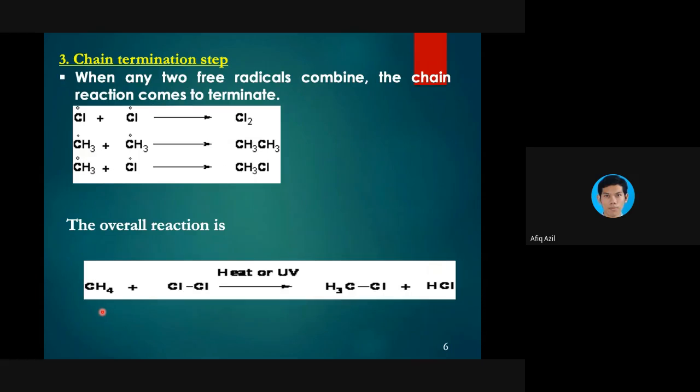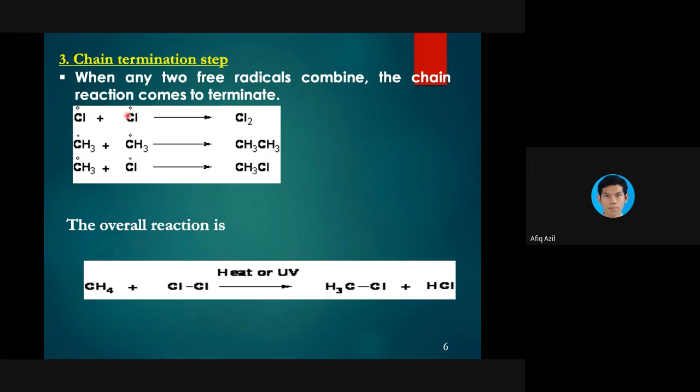And then on to the last step, which is the chain termination step. This is the final step in the free radical substitution reaction. When any two free radicals combine, the chain reaction comes to termination, meaning the end of the reaction.